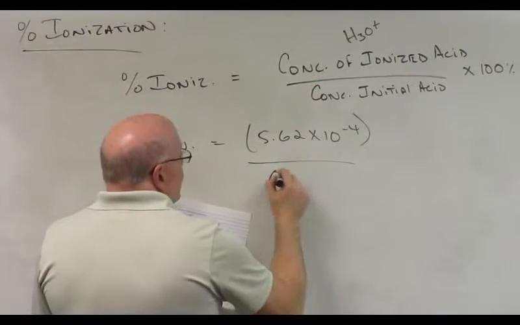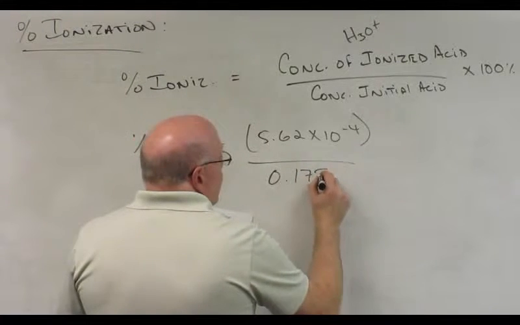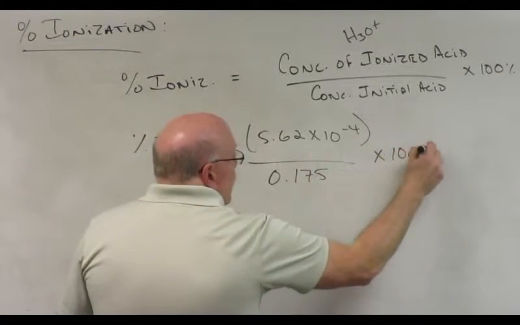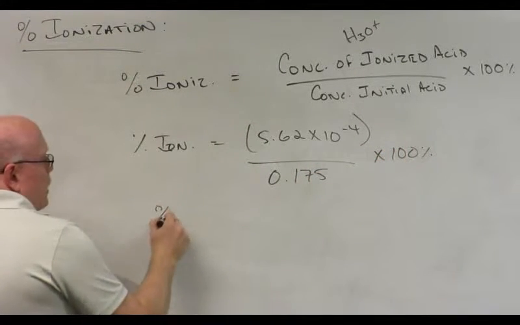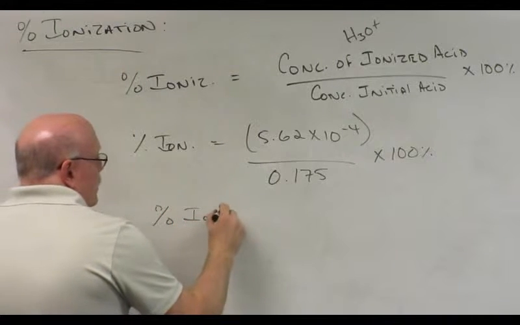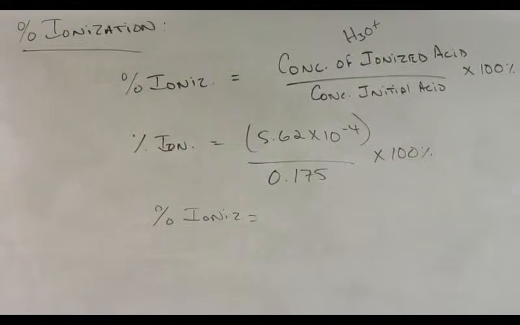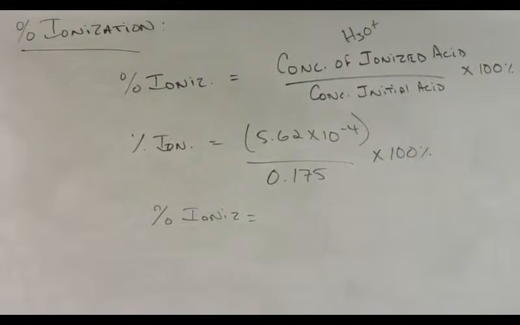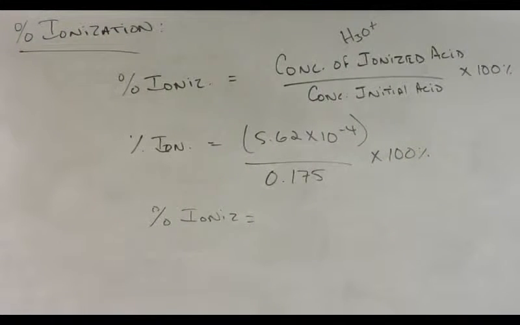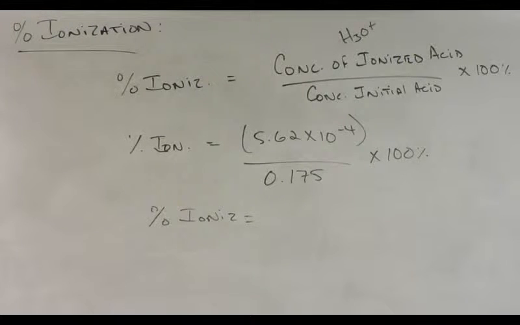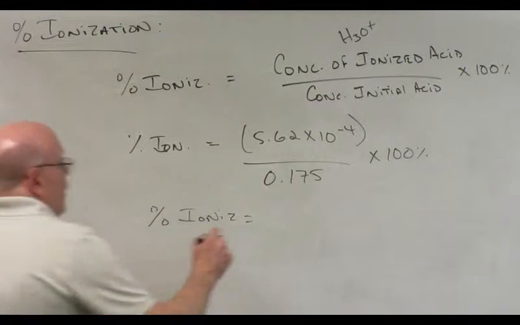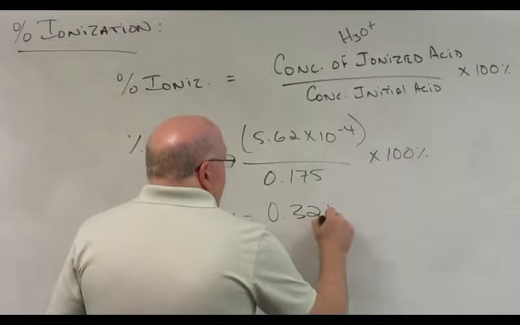The total amount is 0.175. That's 100%. The reason we calculate this is it gives us a feeling for how much of the acid actually broke apart. This calculation comes out to be 0.321%.